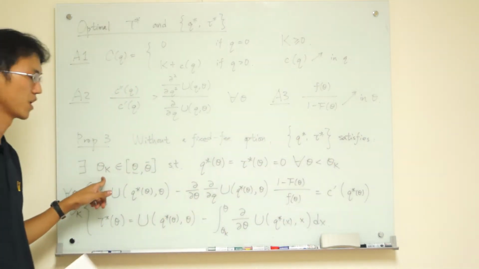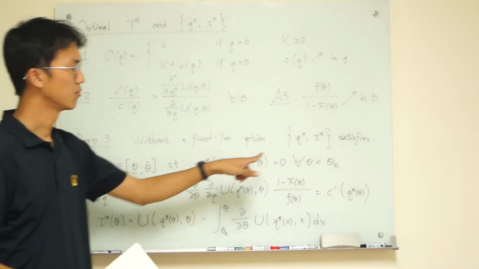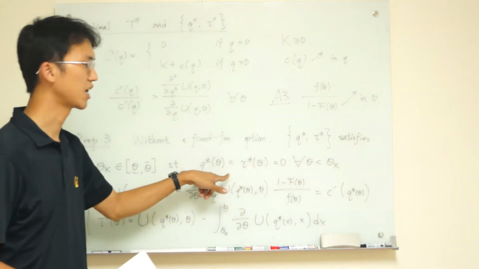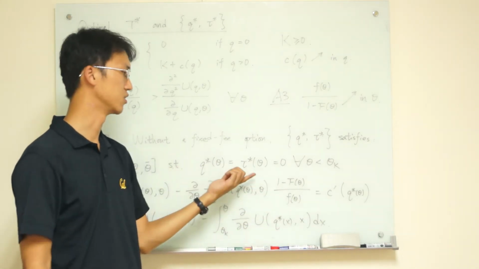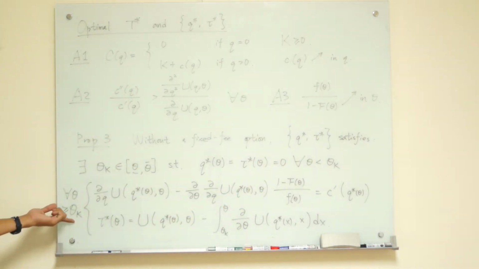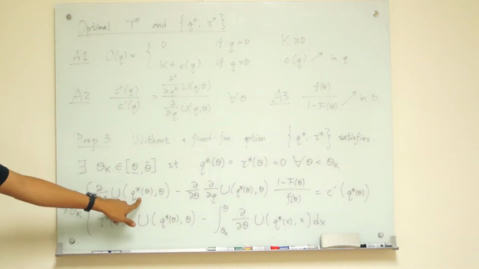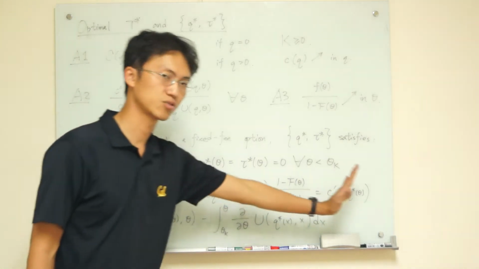First, there is a threshold theta k such that below theta k, we're not going to serve them. We will just offer 0 to them. Above it, the optimal quantity and the optimal transfer are defined in this way.